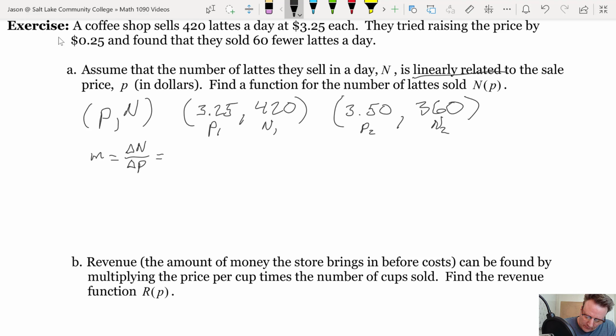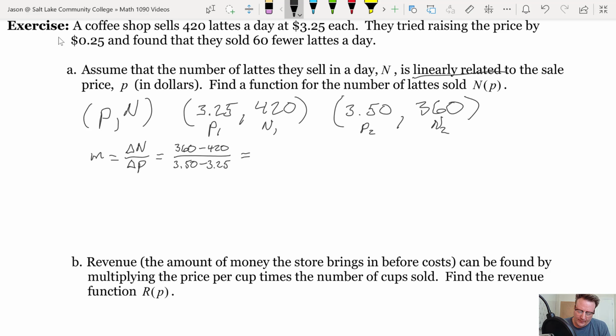So we have 360 minus 420 over P2 minus P1. So that's $3.50 minus $3.25.